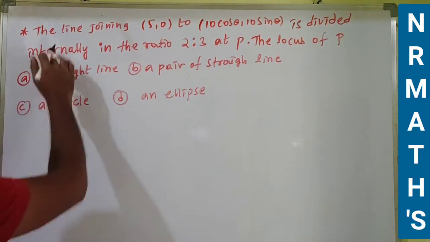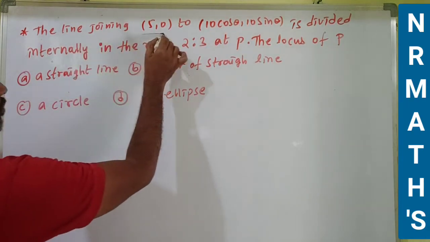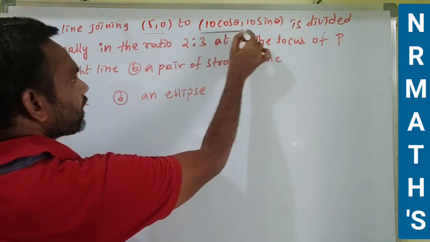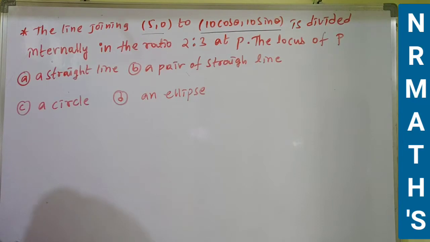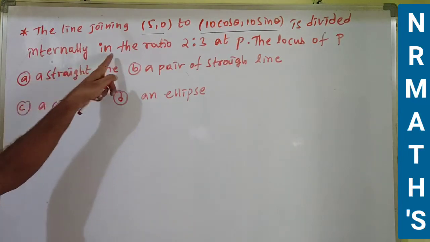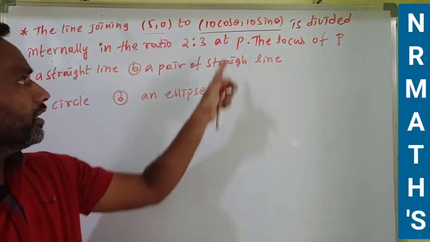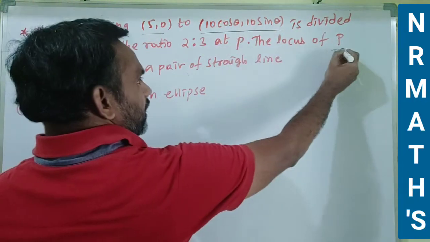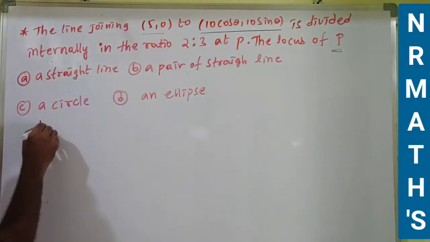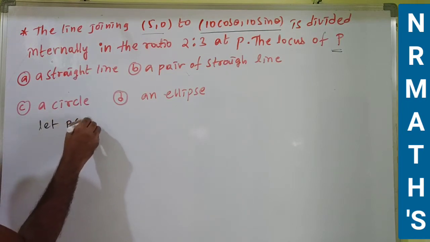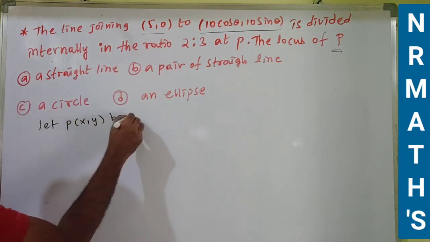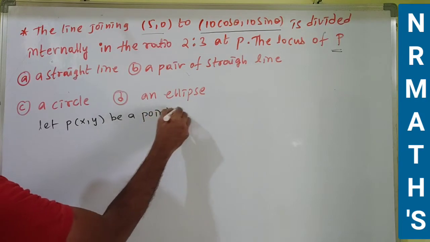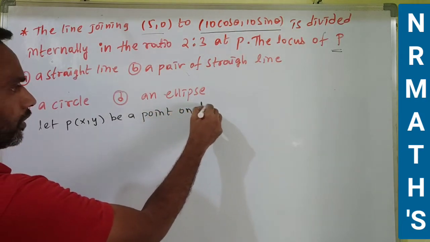Now here the line joining 5 comma 0 to 10 cos theta comma 10 sin theta is divided internally in the ratio 2:3 at P. Find the locus of P. Let P (x, y) be a point on the locus.